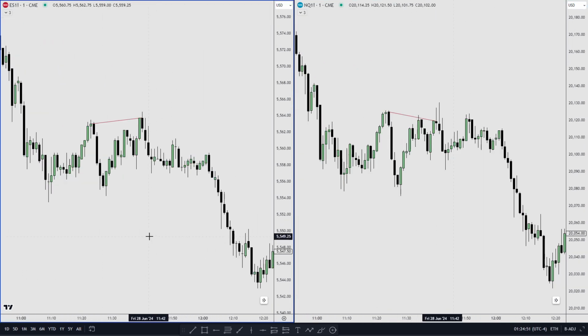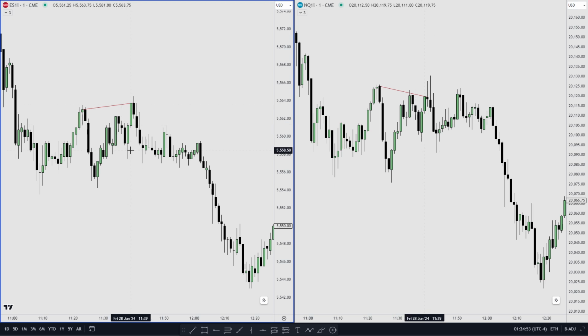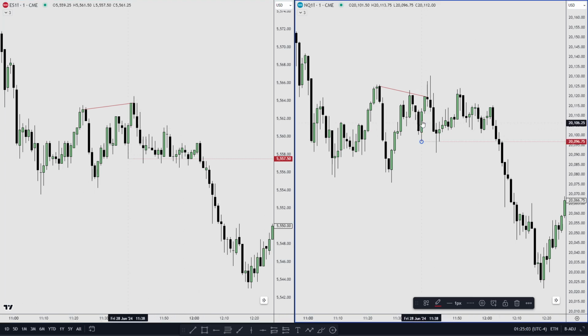So what this tells me is that I need to wait for a closing price below these two up close candles for ES and a closing price below these two up close candles for NQ, which we did not get right here. Price is just flirting with it, and we got it at the 12:02 candle, and 12:02, it's right here on NQ.